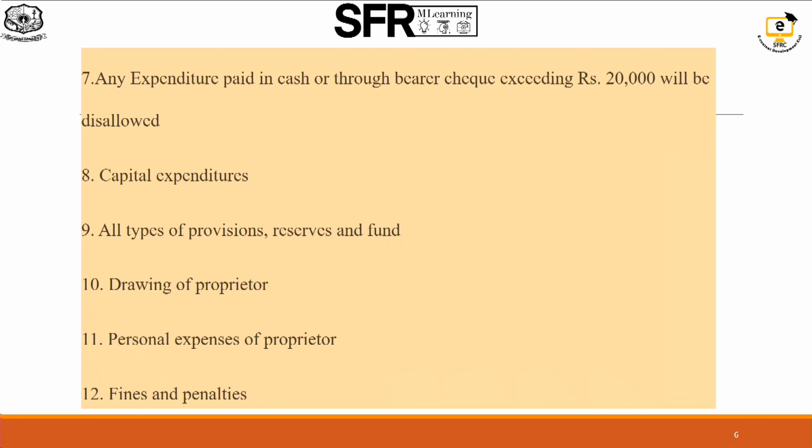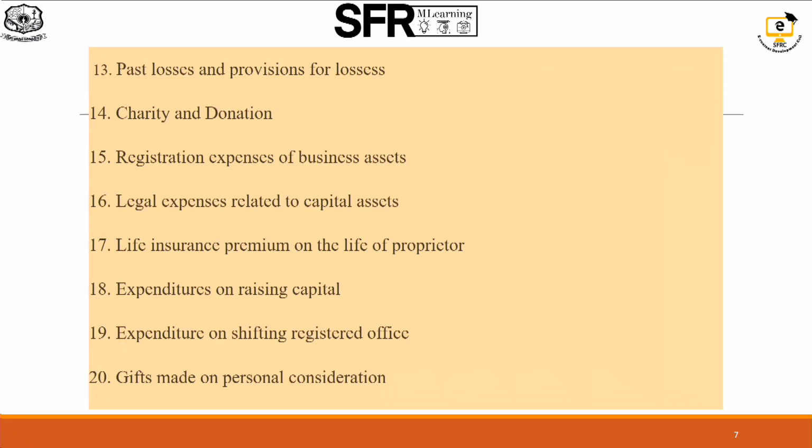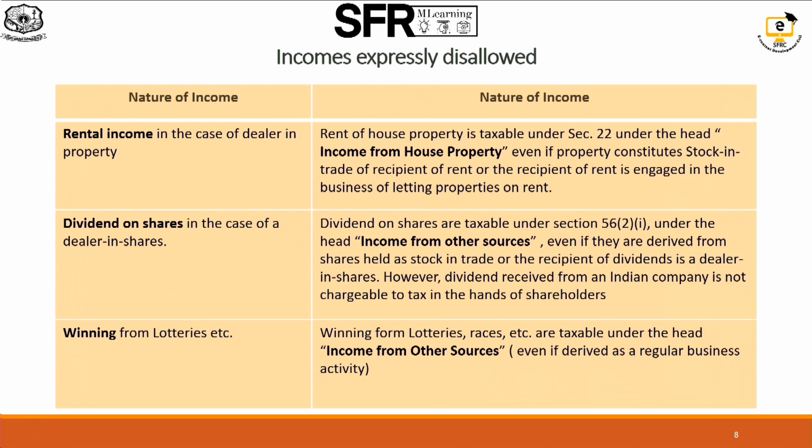Capital expenditure, all types of provision, reserve fund, drawings, personal expenses of proprietors, fines and penalties, past losses or provision for losses, charity, donation, registration expenses of business assets, legal expenses related to capital assets, life insurance premium on the life of proprietor, expenditure on raising capital, expenditure on shifting registered office, gifts made on personal contributions will also be disallowed.